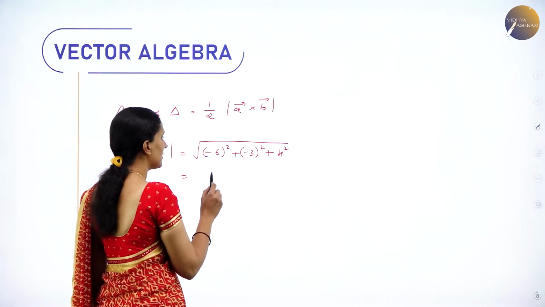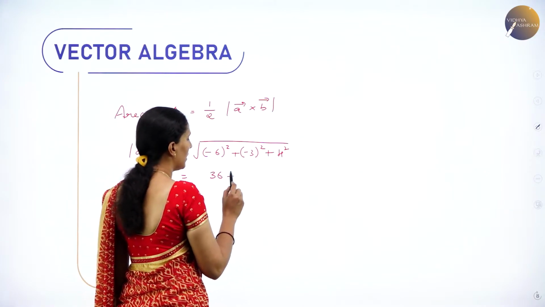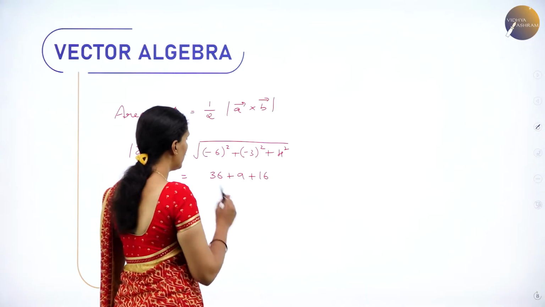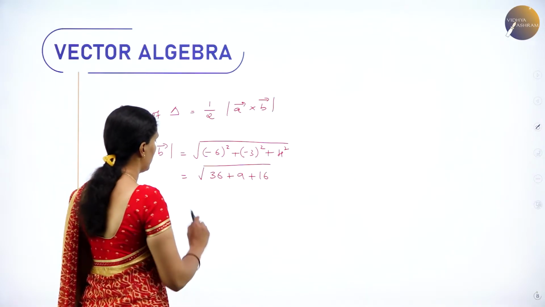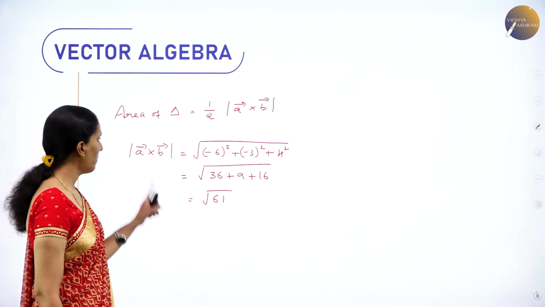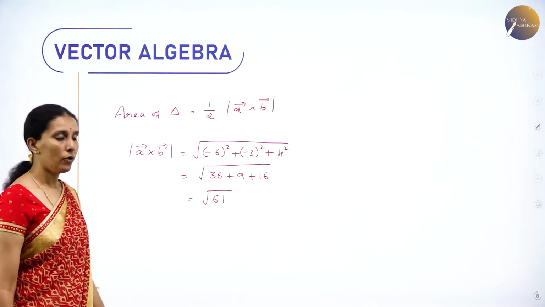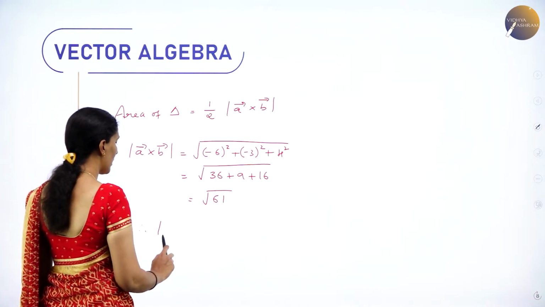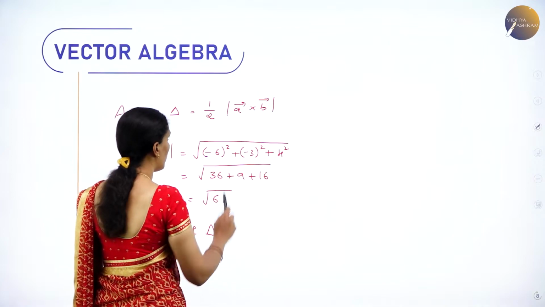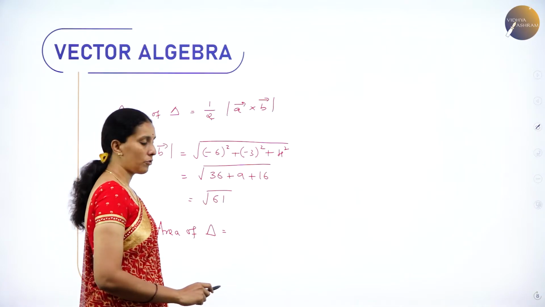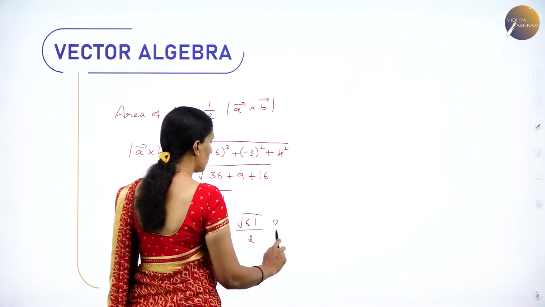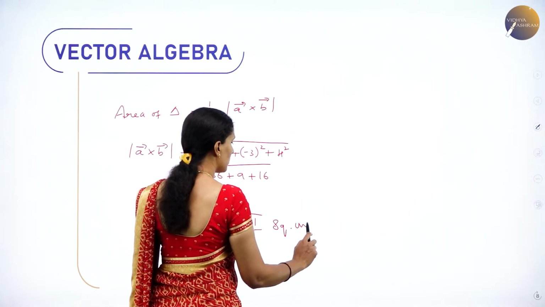So minus 6 squared is 36, plus 9, plus 16, so we have root 61. Now we have the magnitude of A cross B as root 61. Therefore the area of the triangle is half of the magnitude of A cross B, that is root 61 divided by 2 square units.